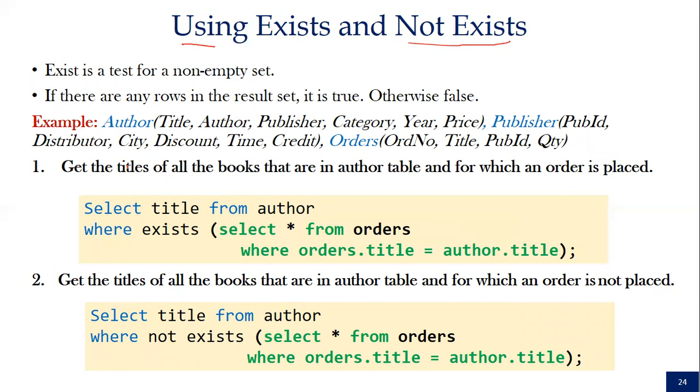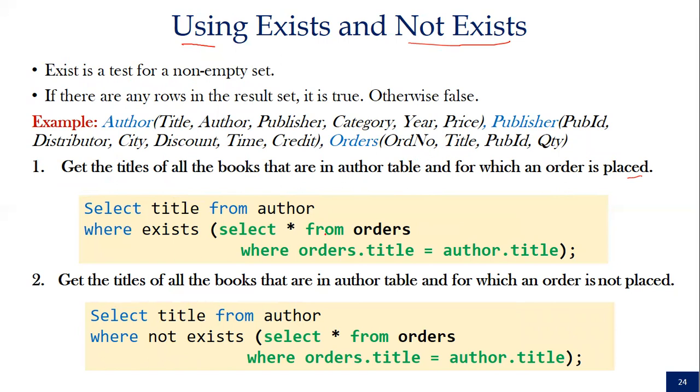For example, suppose I write a query to get the titles of all the books in the author table for which an order is placed. We have to fetch the title from the order table for which an order is placed.